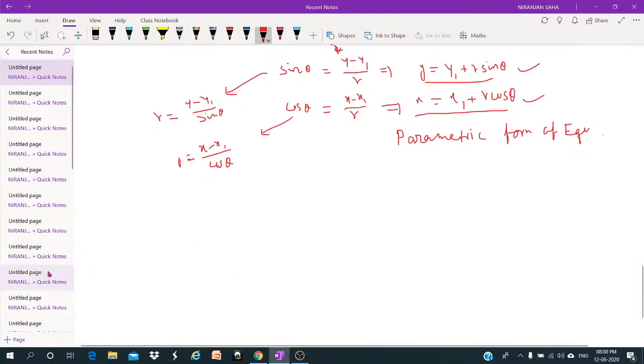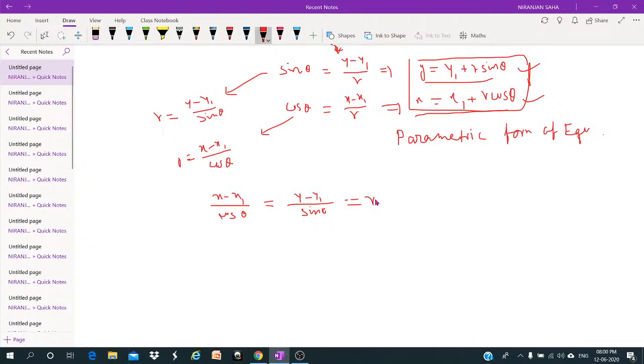So we have the distance form, x minus x1 by cos theta, and this is the symmetric form, you will say.